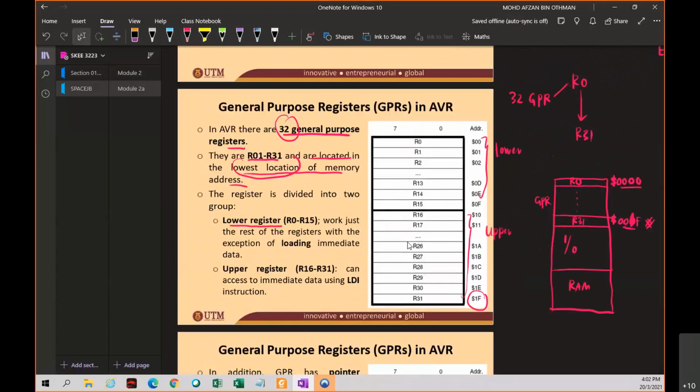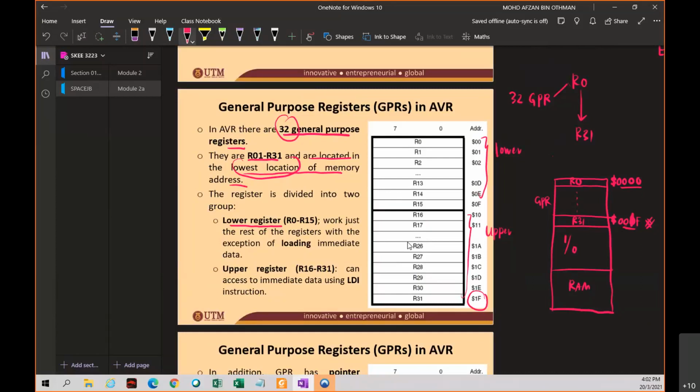Okay, kenapa ada lower register and upper register? Because some instructions boleh guna upper register saja. But most of the instructions can use both lower and upper.